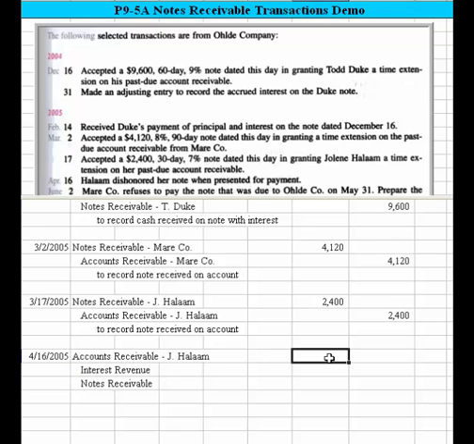The amount is a little bit more than the $2,400. We're going to take out the $2,400, but we need to record the interest revenue on it, and the interest revenue is $2,400 times 7%, a 7% note, and it was just a 30-day note, so times 30 days divided by 360 gives us $14.